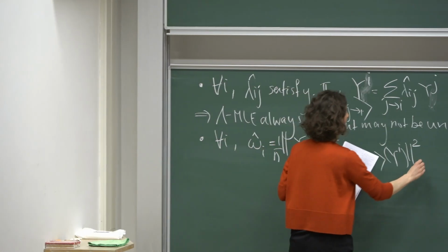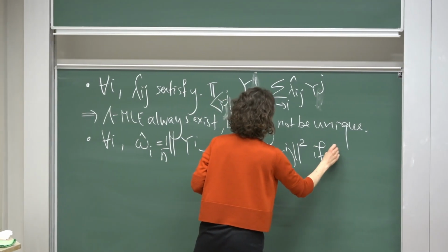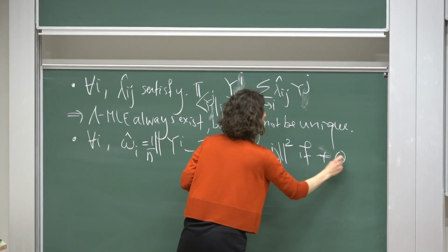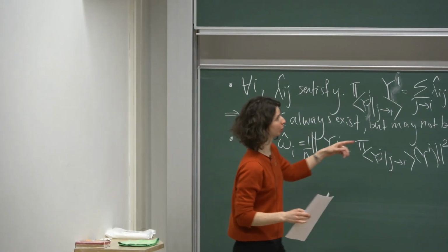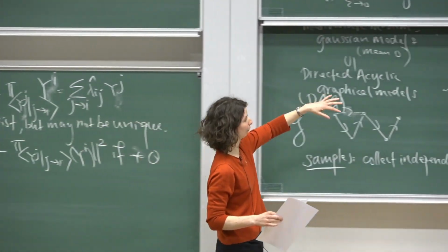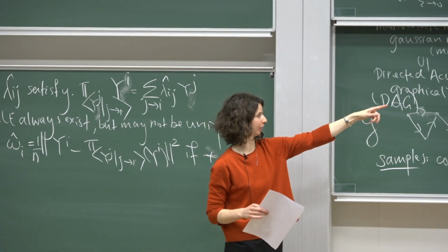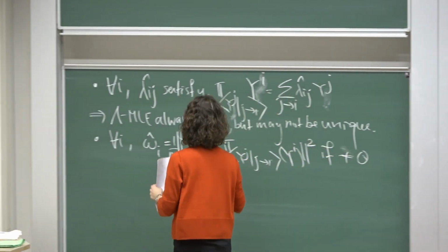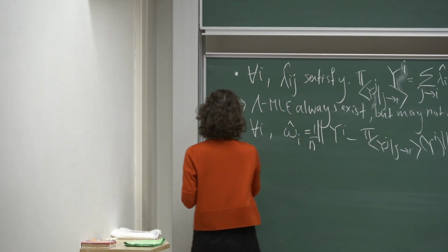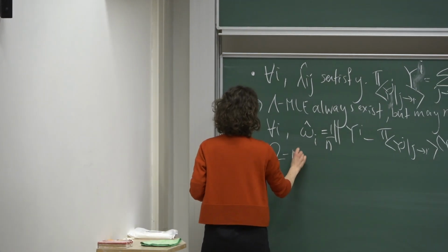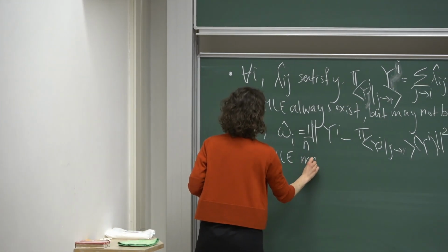This is only if it's non-zero, because this matrix omega has to have non-zero diagonal entries to lie in the positive definite cone.